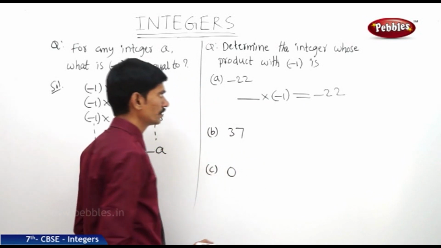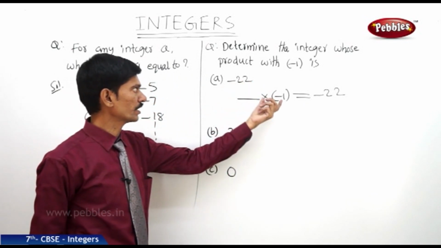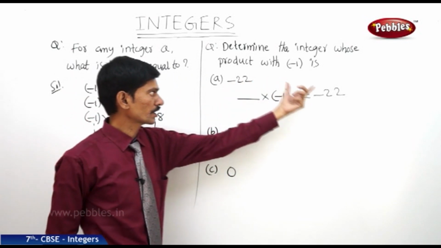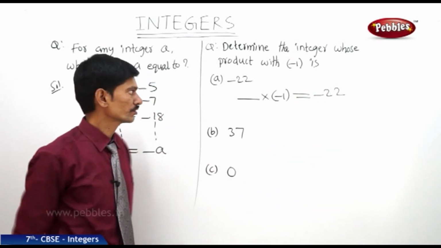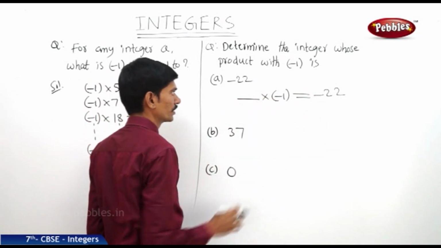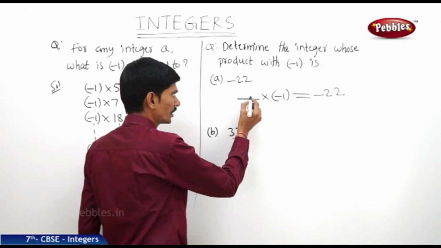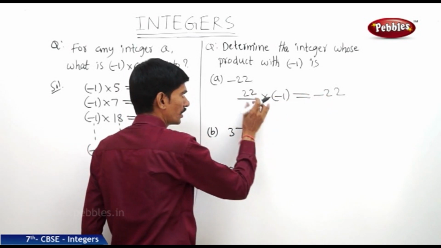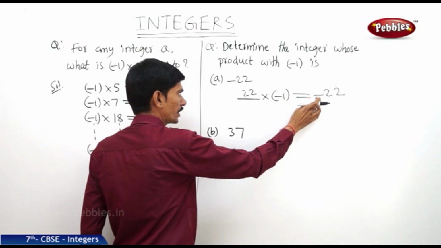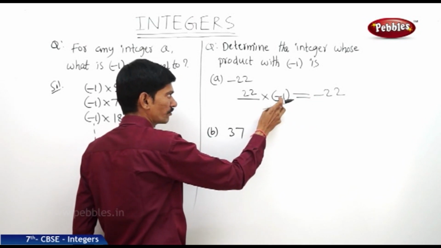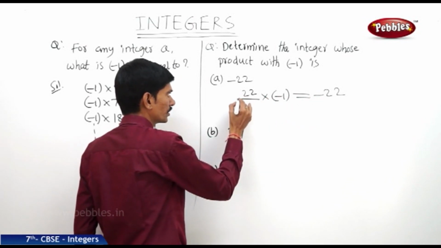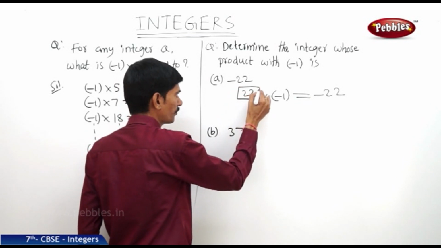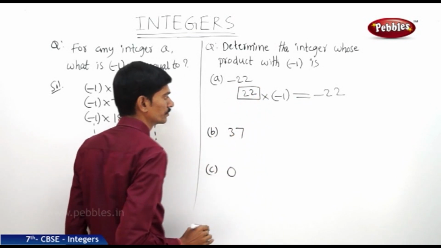So here if you take 22, then 22 ones are 22 and the product will have a negative sign as minus 1 has a negative sign. So the integer to be multiplied by minus 1 is 22.